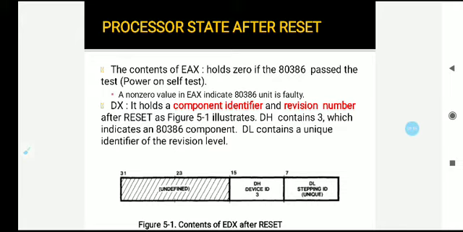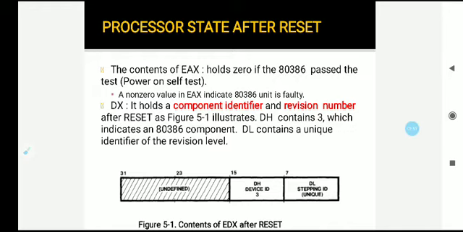Means after pressing the reset pin, what are the values to be stored in the processor? So let's start with this point. We are going to understand the processor state after the reset pin is at logic 1. As you know, when the reset pin is at logic 1, the processor stores predefined values to various registers.